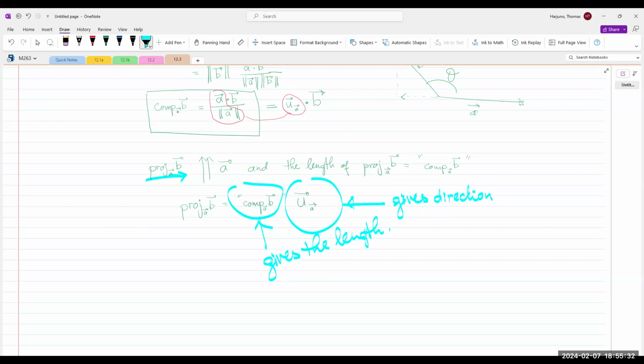So how do we find a vector if we know the direction parallel to another vector and we know the length of that? Okay, we will apply this idea later on.